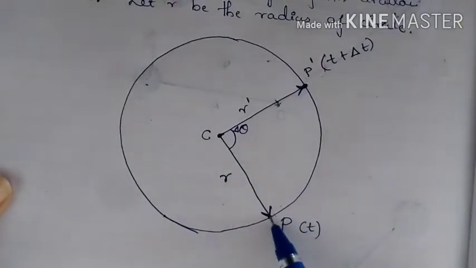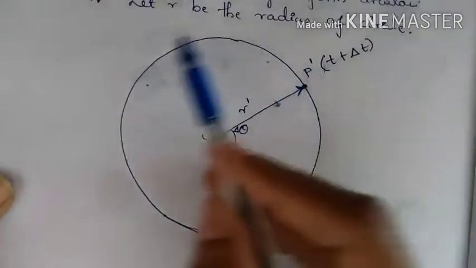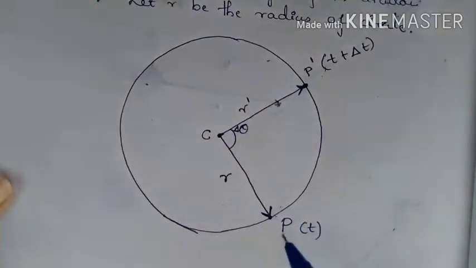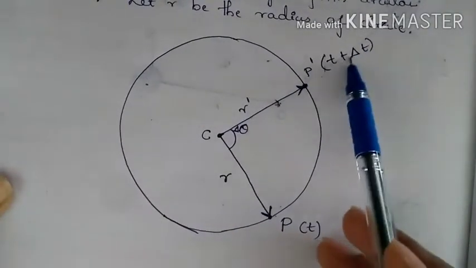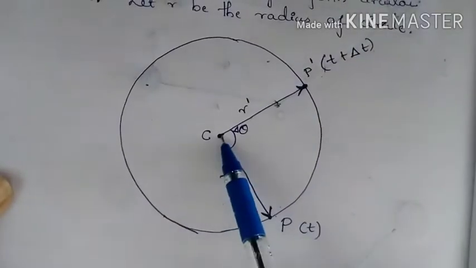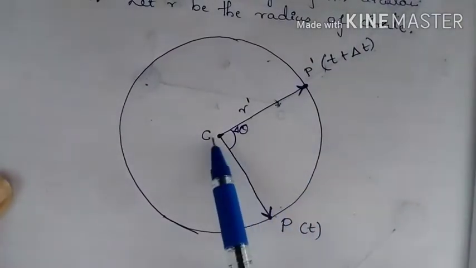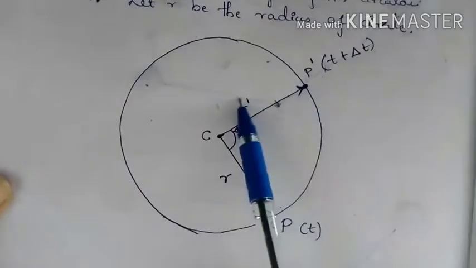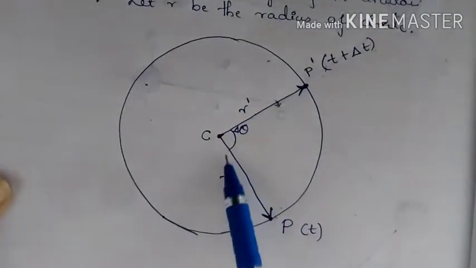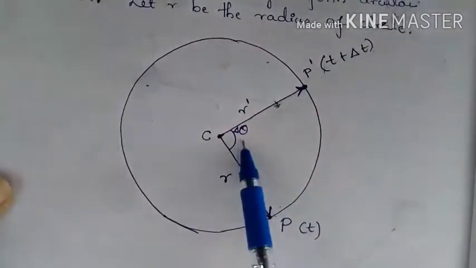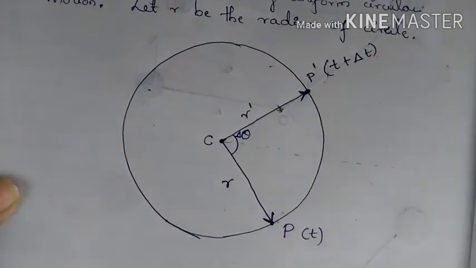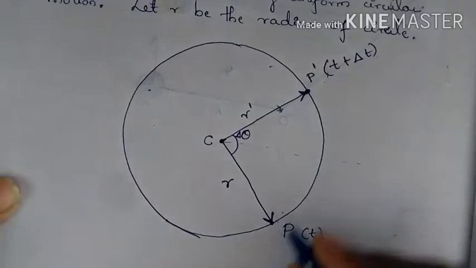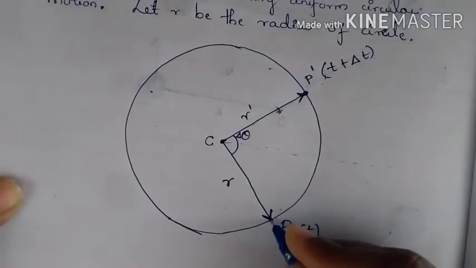So here you have points P and P prime on a circle. P is at time t and P prime is at time t plus delta t, the position vector for P is r and the position vector for P prime is r prime, and the angle between them is delta theta.